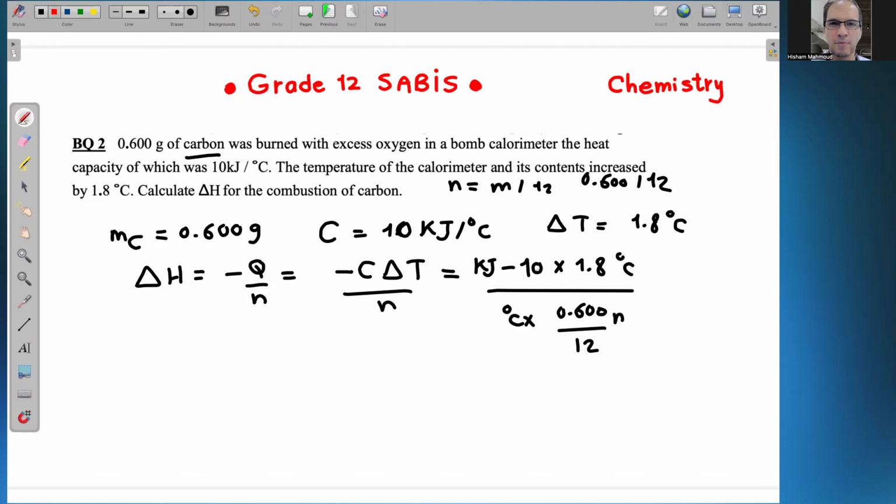The degrees Celsius cancel, and the unit will be kilojoules per mole. So what is the answer? If we do the math, we get minus 360 kilojoules per mole. Note that the result is in kilojoules per mole because the unit of the C here is kilojoule. The last time, in question number 1, it was in joules, so the answer was in joules also.